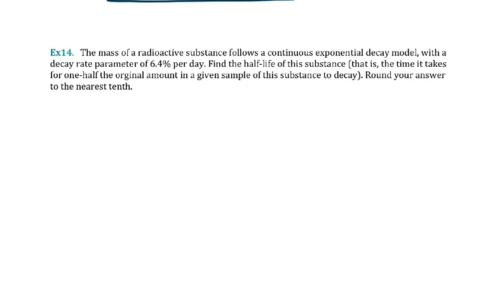All right, example 14. We have a mass of radioactive substance following a continuous exponential decay model. So again, we're using that formula, y equals y sub 0 e to the RT. And because it says decay, we know that R is negative.